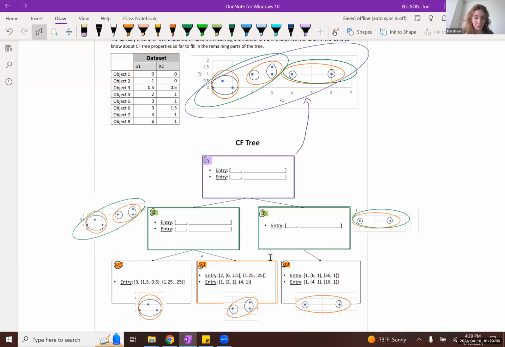If we wanted to make this CF tree complete, we would need to fill in the corresponding information for each of the parent nodes that correspond to each of these leaf nodes.